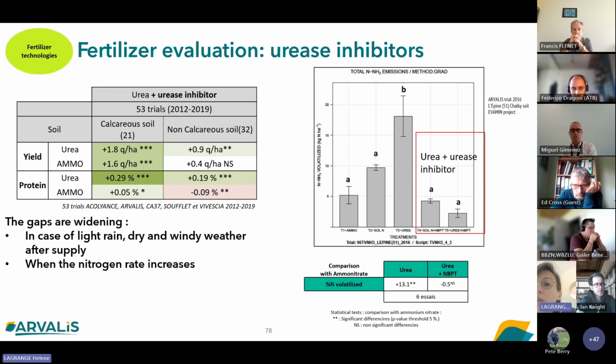So you can see that the volatilization, thanks to the use of urea's inhibitor, is much lower than the volatilization for urea alone. And so we have the same amount of volatilization as with ammonium nitrate, which is the lowest volatilization. And so you can see here the results on 6 trials that thanks to this inhibitor, it decreased the volatilization and improved the nitrogen efficiency.